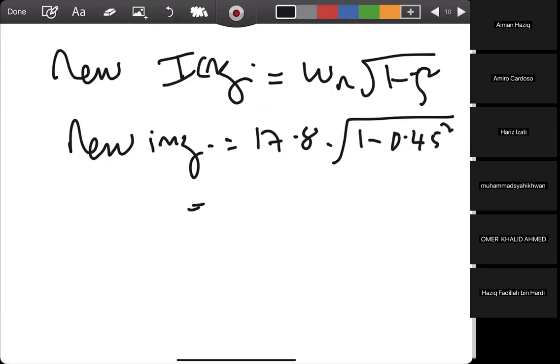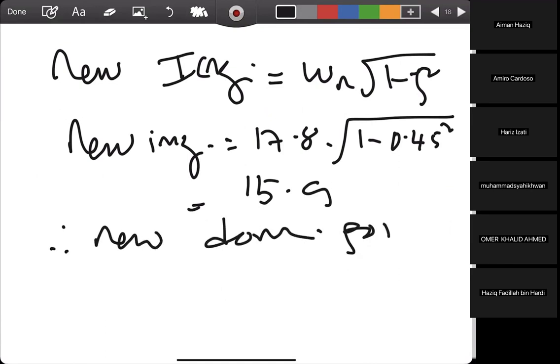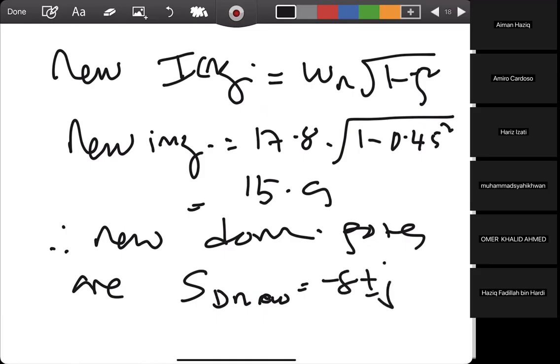So you will get 15.9. So that's why the new dominant poles are minus 8 plus minus j15.9.